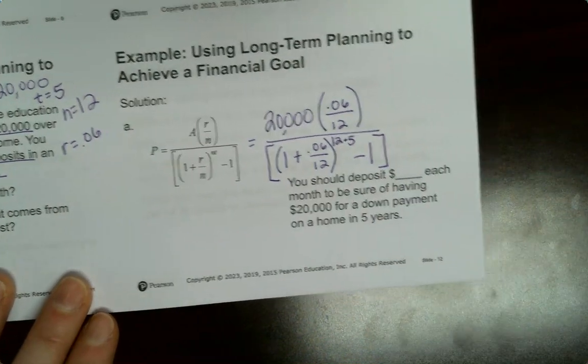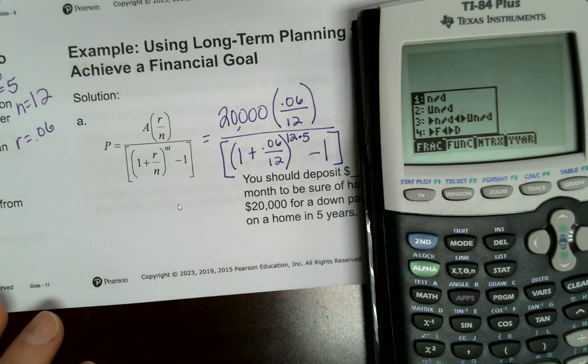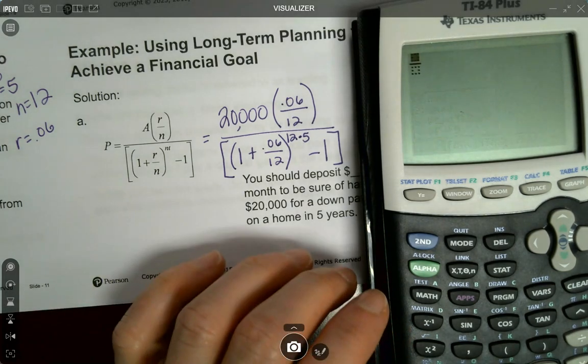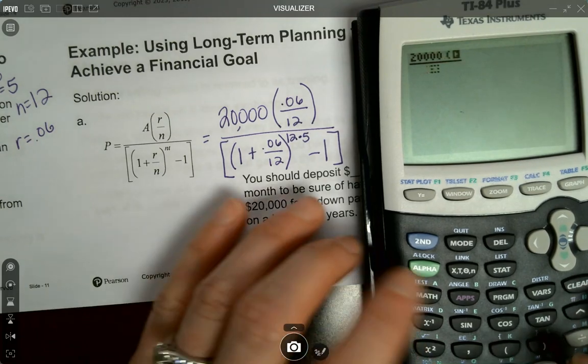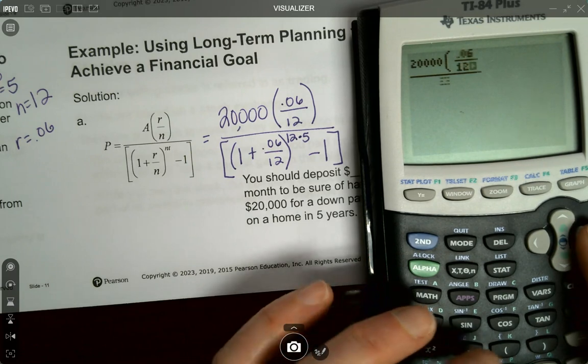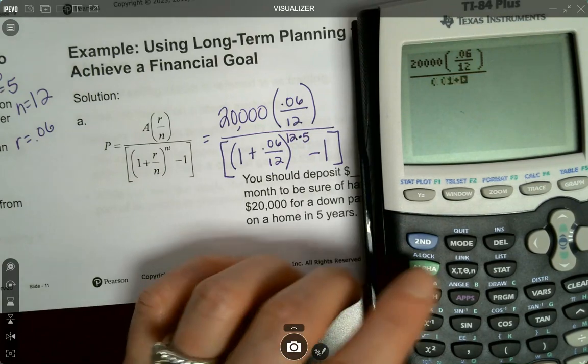So once you have it written, you can put it in your calculator. So I'm just working on putting these in.